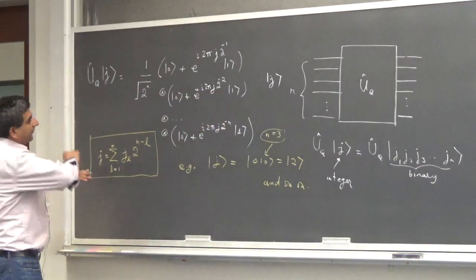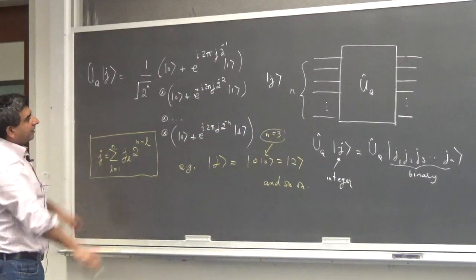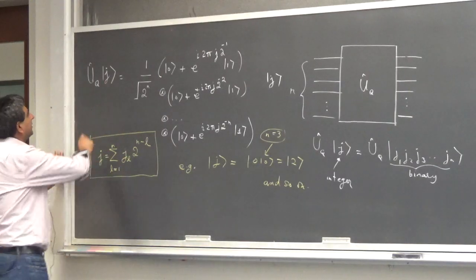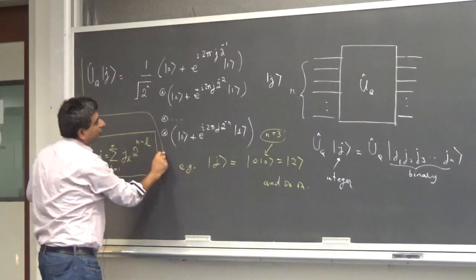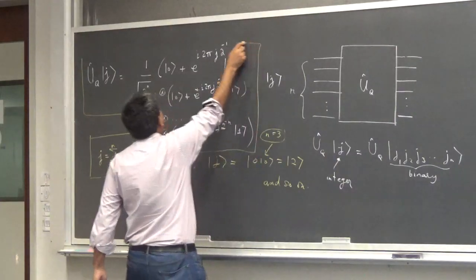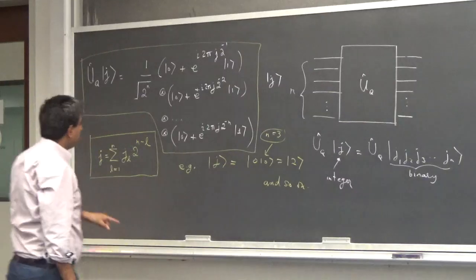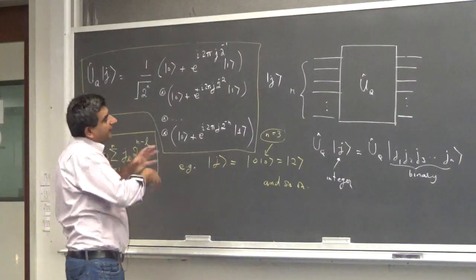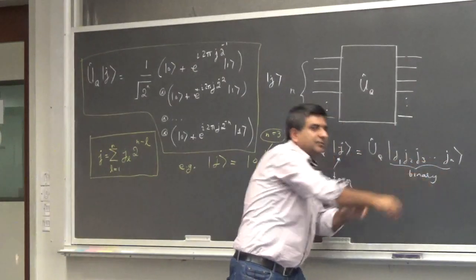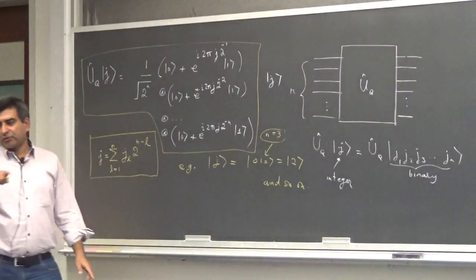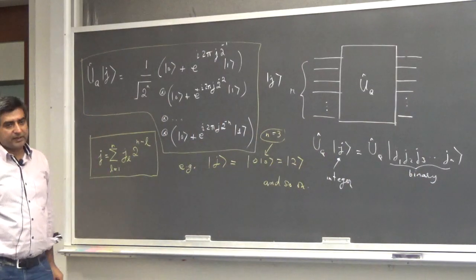So through a very lengthy but systematic calculation that we did in the previous lecture, this is what the output looks like after we feed the quantum Fourier transform circuit with an input which is a nice clean binary string. Can you check your notes from the previous lecture if I've written this down correctly?